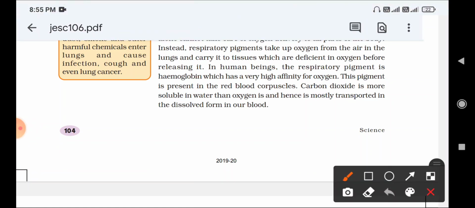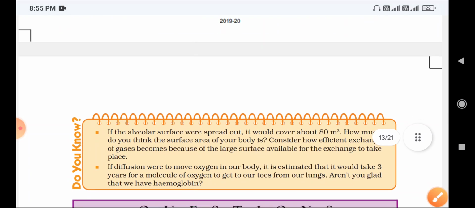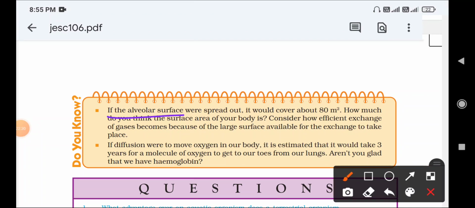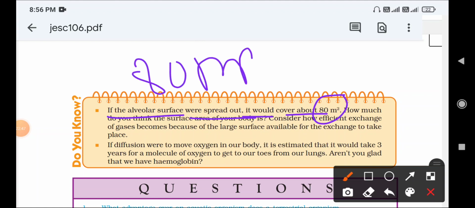In human beings, with the help of respiratory pigments, the blood passes oxygen to each and every cell of the body. This yellow box is given here: if the alveolar surface were spread out, it would cover about 80 square meters. That is how much surface area the total alveoli in the lungs would cover.